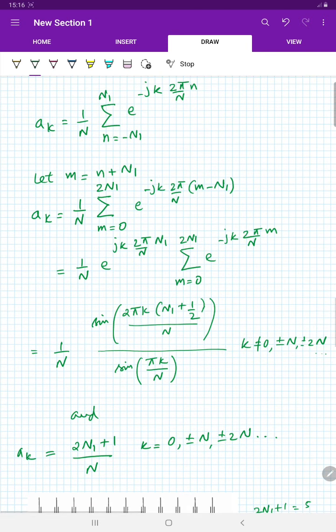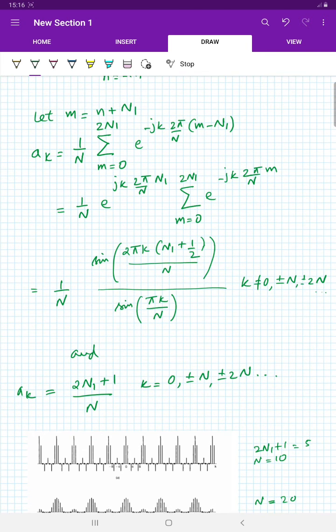So if you work out the expression, you will see that ak is equal to 1 by n over this term for k not equal to 0, plus or minus n, plus or minus 2n, and ak is equal to 2 n1 plus 1 by n for k equal to these values 0, plus or minus n, plus or minus 2n and so on.